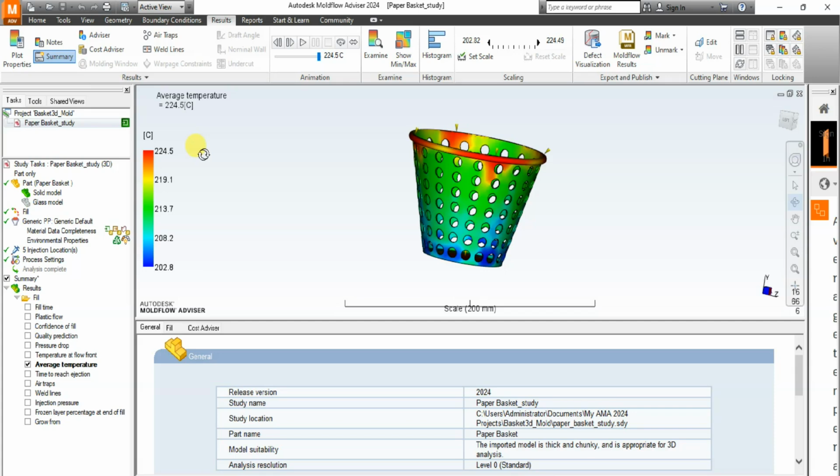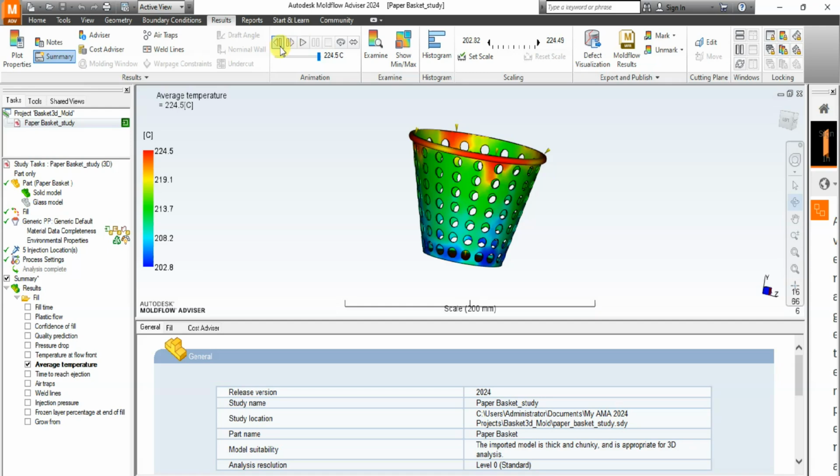Areas with continuous flow heat convection typically have higher average temperature, which drops quickly when the flow in that area stops. So if average temperature is too low in a thin area of the part, hesitation or short shots can occur. You should take note of that.